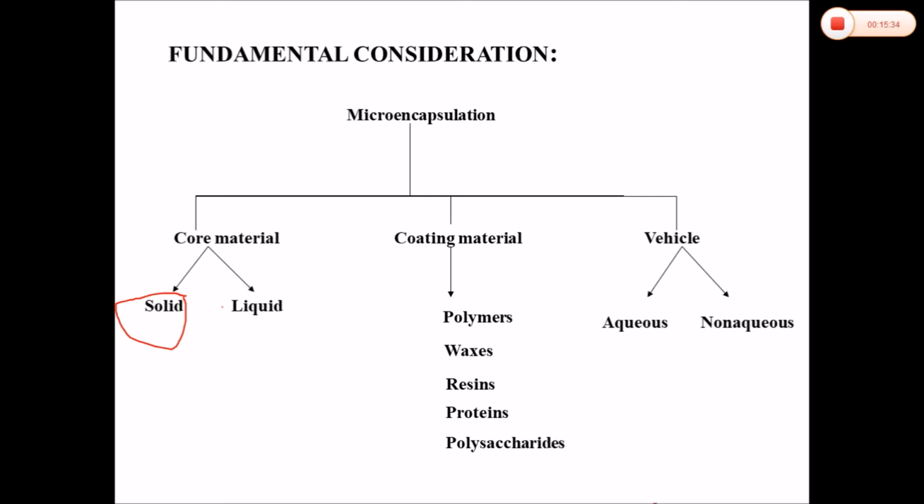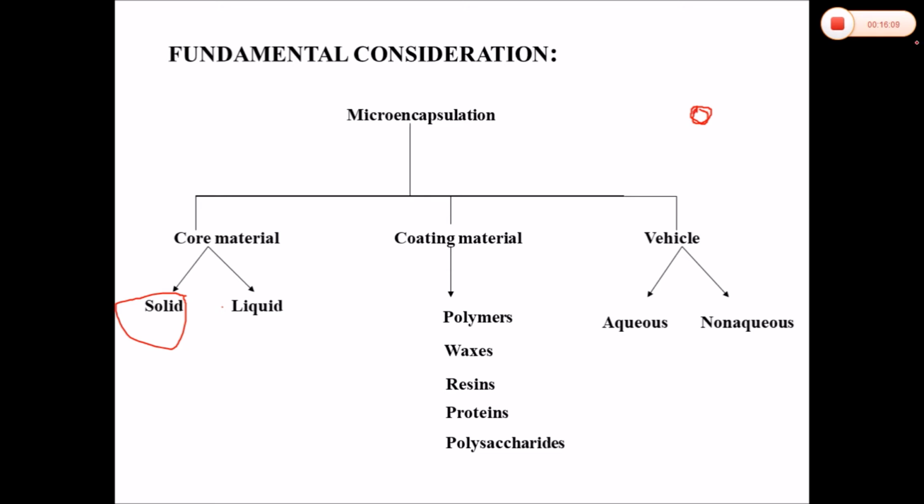So basically suppose here core material means any solid particles, we can call any APIs, any vitamin substitutes. Which is having some problems, like it is easily volatile, or which has a bad taste, or we have to deliver that particular medicament at the acidic pH but which is having the basic range.